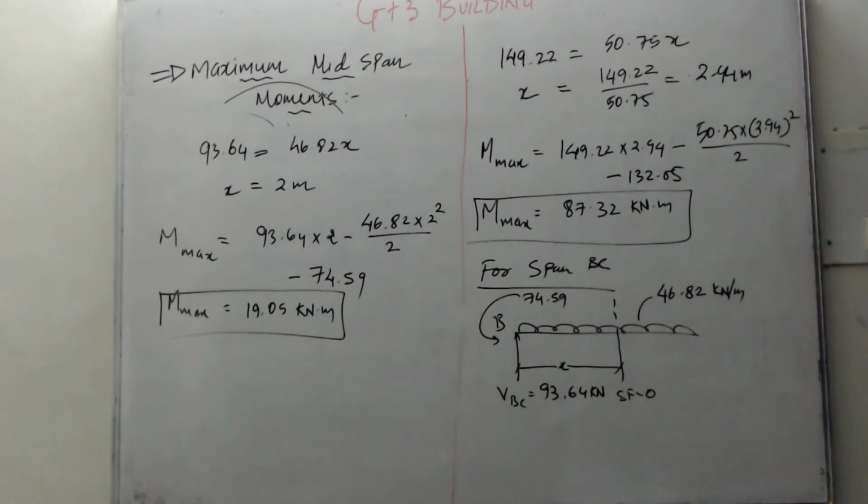Next we have the moments at the column points also. These are the positive bending moments, and similarly we can find out maximum negative moments at support.